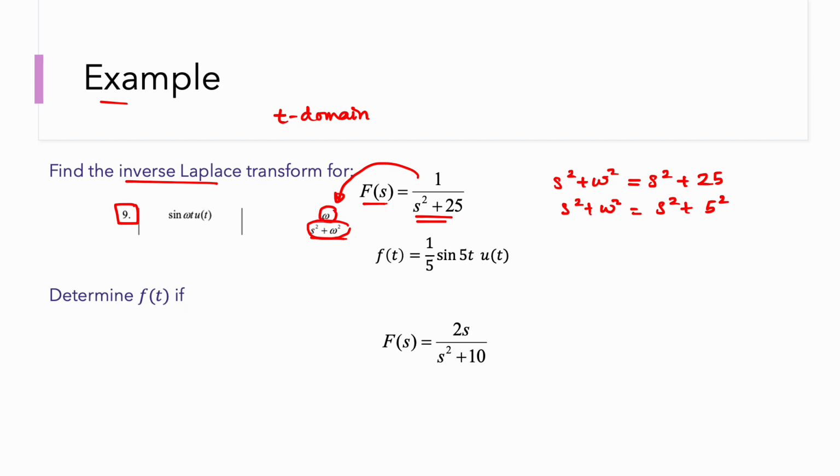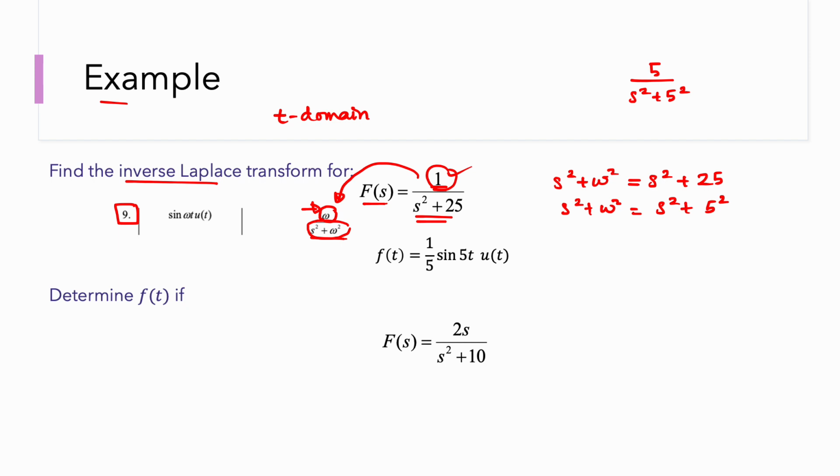However, let's look at the numerator. The numerator for this equation is 1. However, based on the table, the numerator should be 5. By right, it should be 5 over s squared plus 5 squared. But the equation given to us has a numerator of only 1.